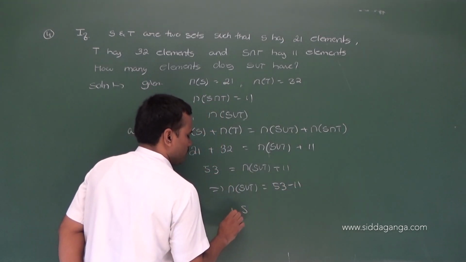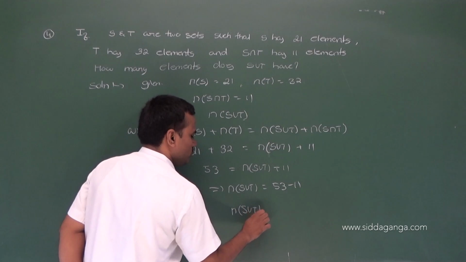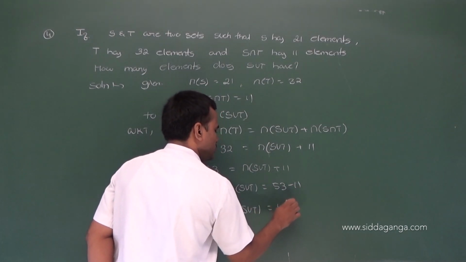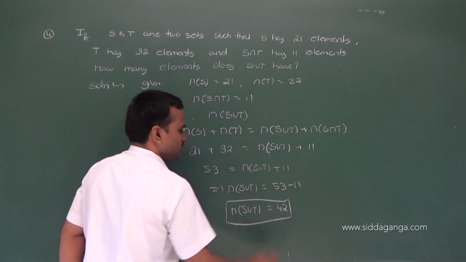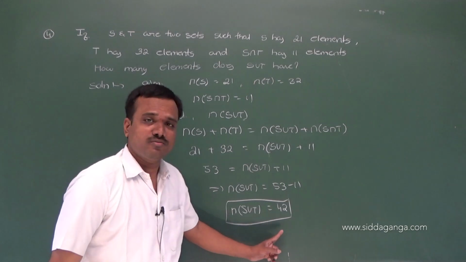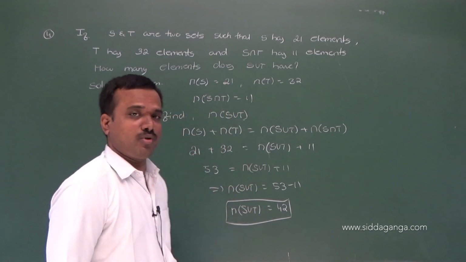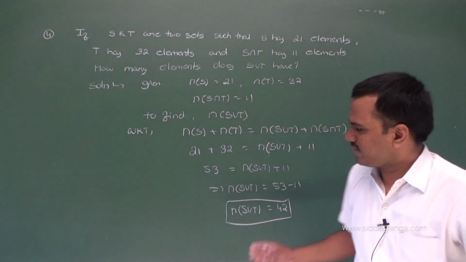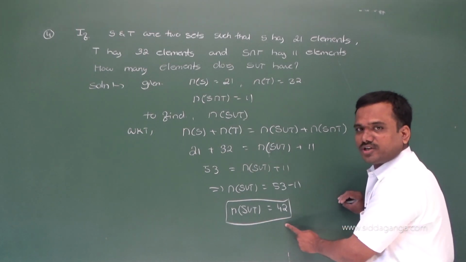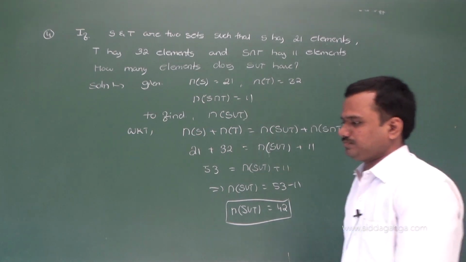So N of S union T is 42, correct? See the problem very carefully. Same type of problem. N of S union T is equal to 42. Next problem.